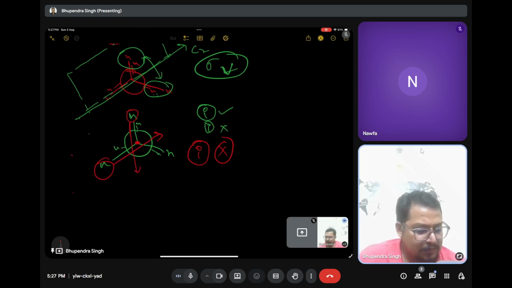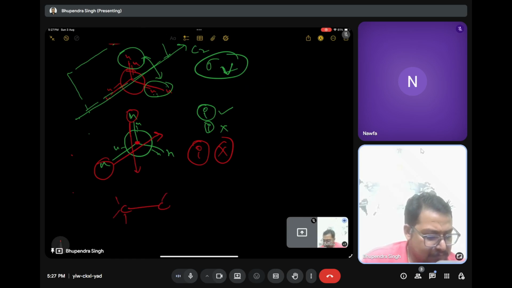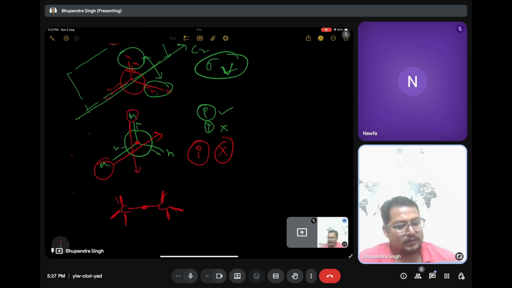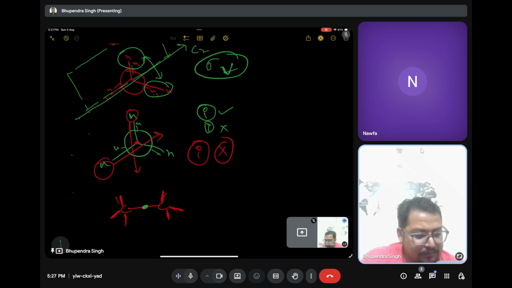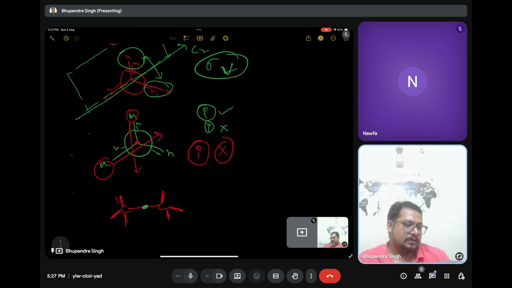Yes, if you actually draw it like this, if axes are there, let's say this, then this will be your point. I think this is the point you are talking about, right?